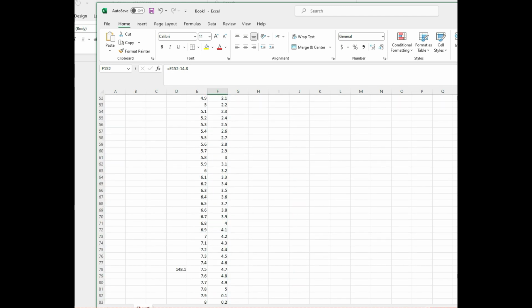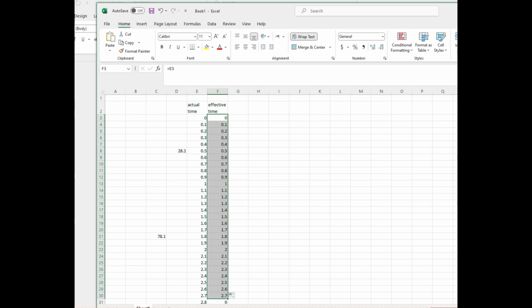Now we'll start substituting. No, I forgot this one, just put the effective time here until 2.7. Now substitute for what? For our BV, to draw it.